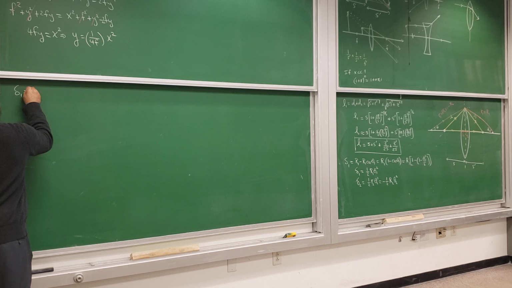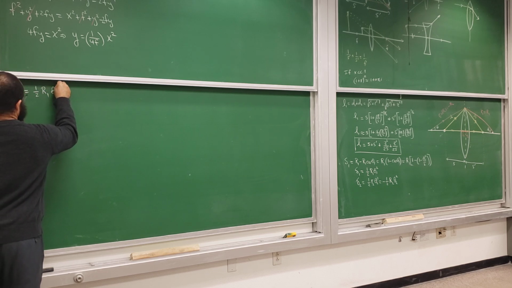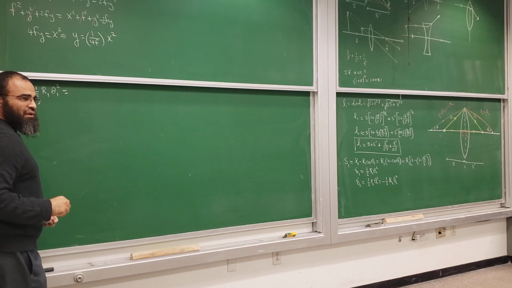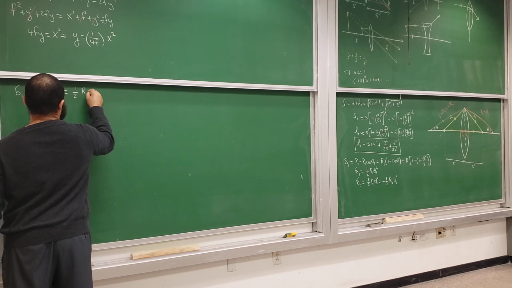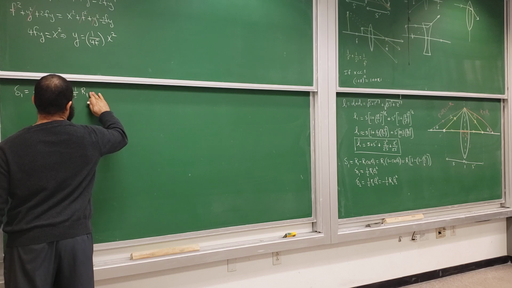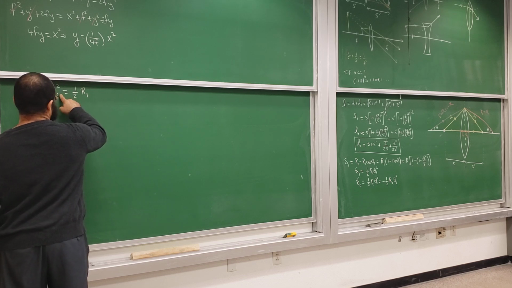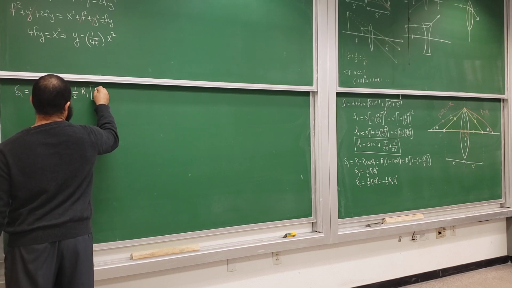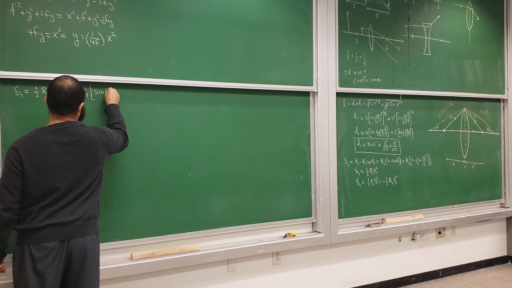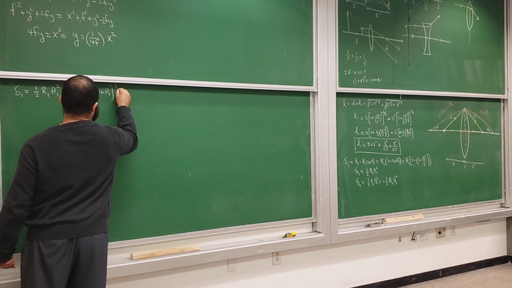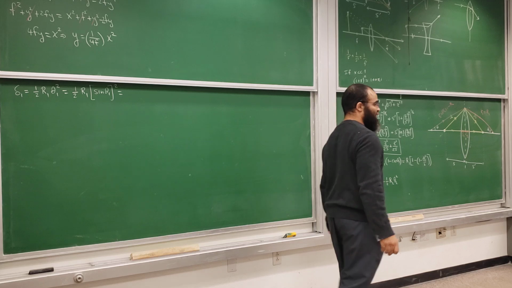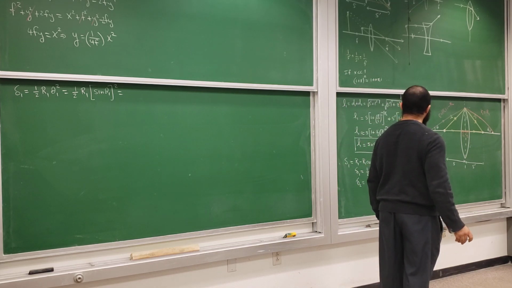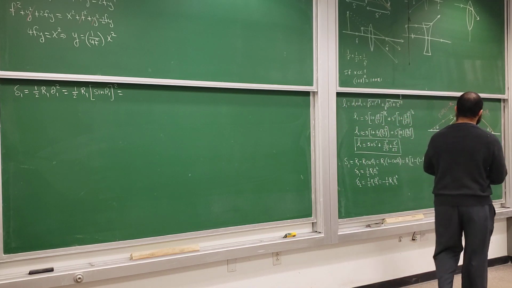Let me put here delta 1 is equal to 1/2 R1 theta 1 squared. But since theta 1 is a small angle, then theta 1 is almost the sine of theta 1. Theta 1 is a small angle, sine of theta 1 is almost equal to theta 1. Now what is the sine of theta 1?